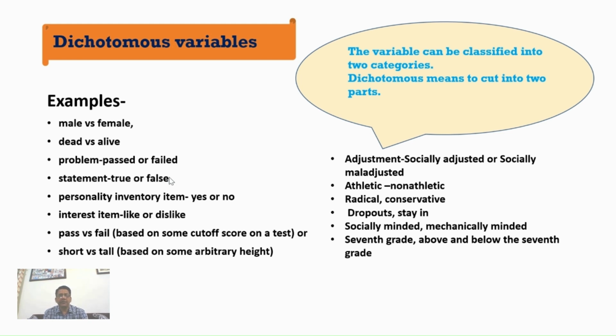Similarly, we can divide students into two parts: seventh grade and above, and below the seventh grade. So in such types of variables, in which we can separate a group into two parts, its nature will be dichotomous. Dichotomy means we can cut into two parts.